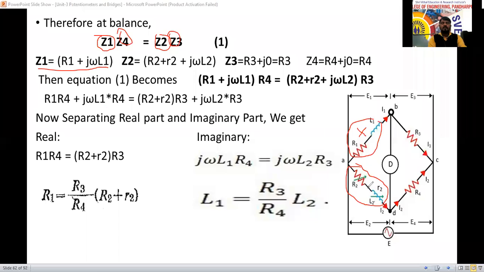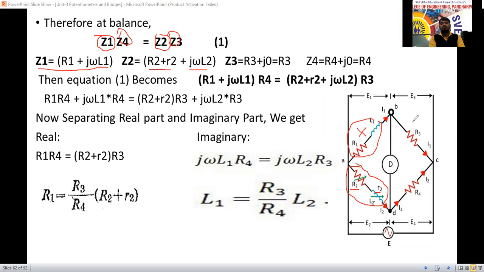Very good. Here two resistances are there, one is a variable resistance, another is the fixed resistance of this variable inductance. So first R2 plus r2, capital R2 plus small r2, plus j omega L2. That is the Z2 formula.